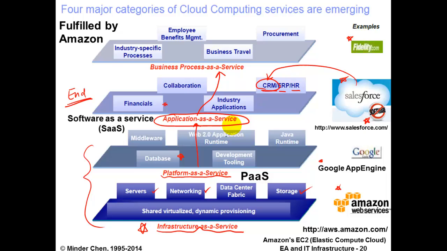And you can make a phone call or get on their website, and they will handle a particular business process for you. And later I'm going to describe Fulfilled by Amazon, which is Amazon's kind of new offering at this layer.